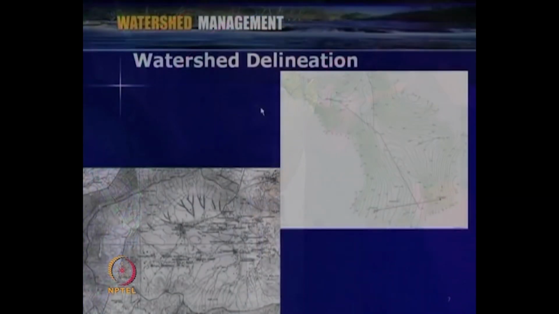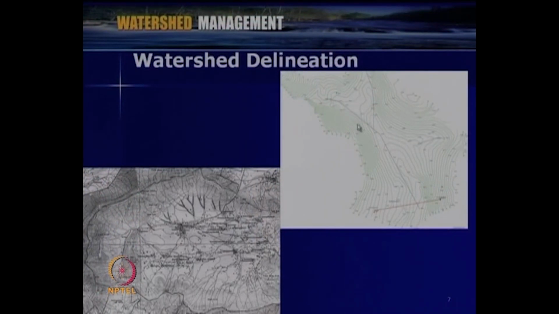Here in this slide you can see that this is a part of a watershed and these are the so-called contour lines. This is the drainage system. If this is identified as the outlet of the watershed, then we can go, as we mentioned, either manually or using the GIS software, and delineate the particular watershed. For example, this is another delineated watershed. These small lines here indicate the contour lines, and this is the delineated area, or so-called delineated watershed.